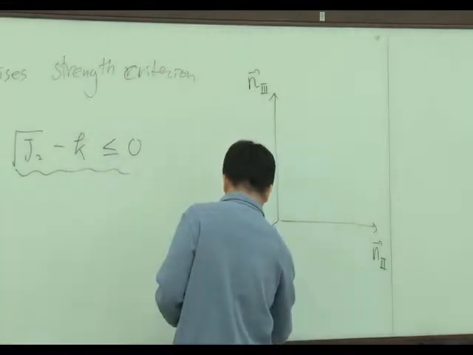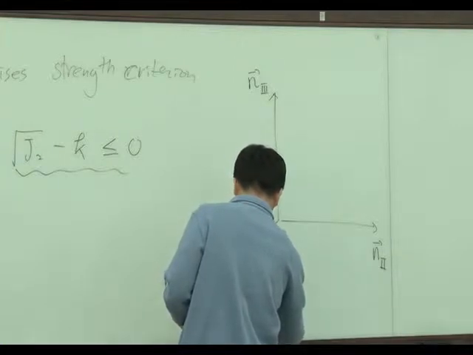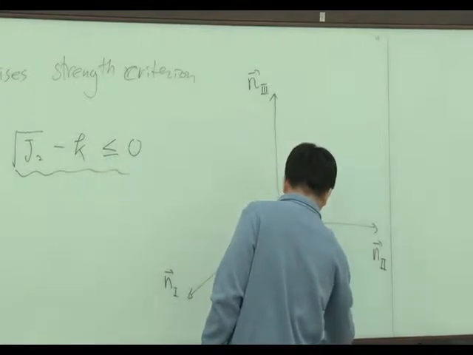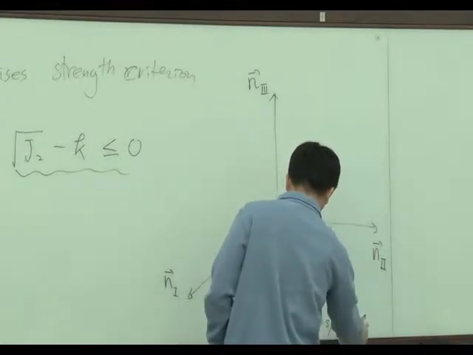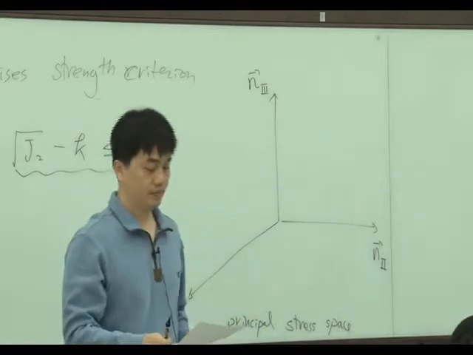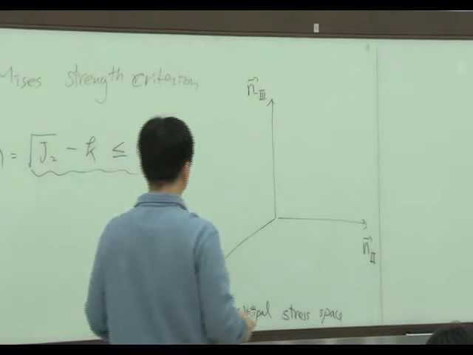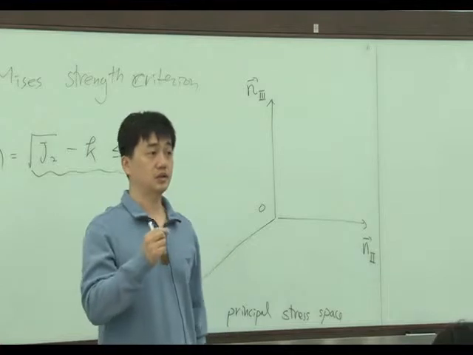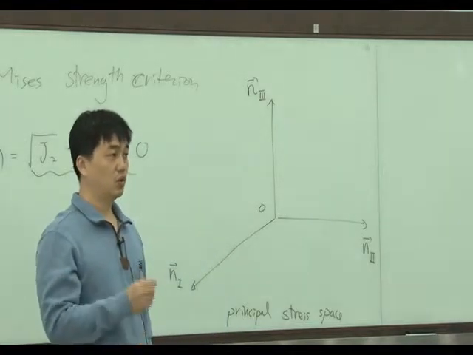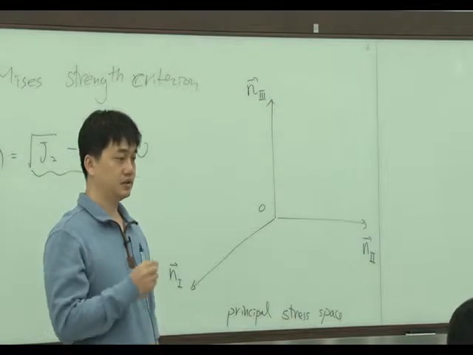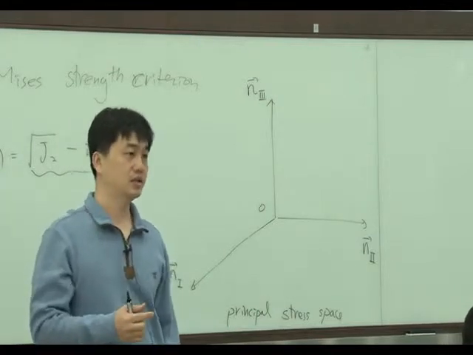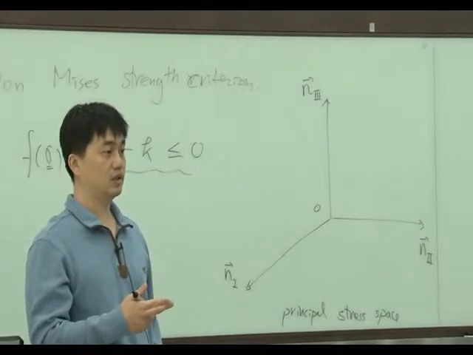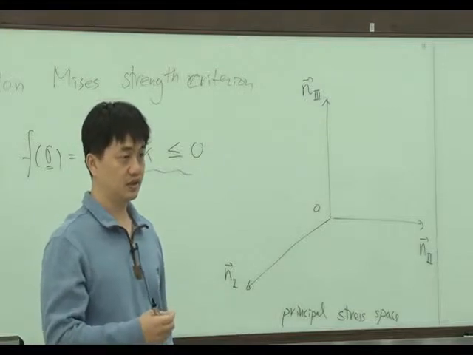This is the principal stress space. So here we have the origin. In principal stress space, every stress state can be given by three numbers, sigma 1, 2, 3. These are the principal stresses, right?